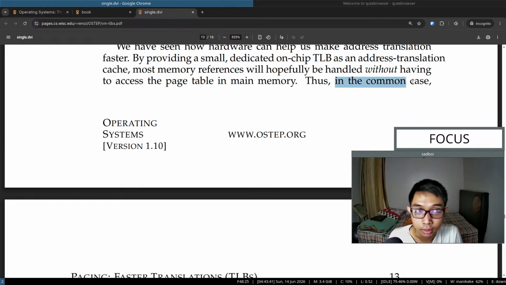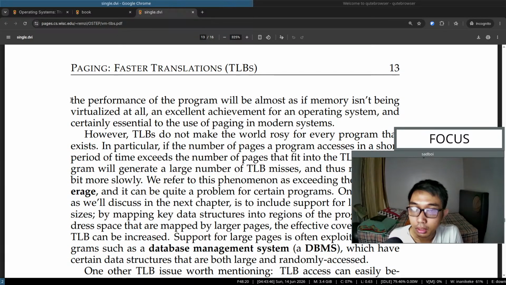Thus, in the common case, the performance of the program will be almost as if memory isn't being virtualized at all. An excellent achievement for an operating system, and certainly essential to the use of paging in modern systems.